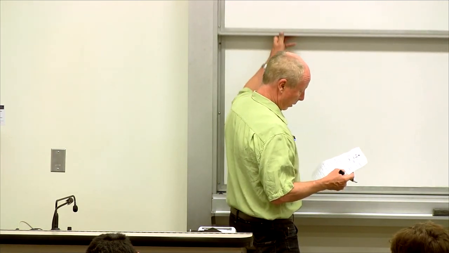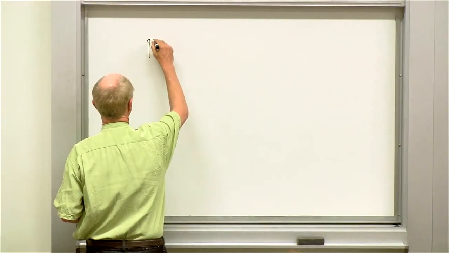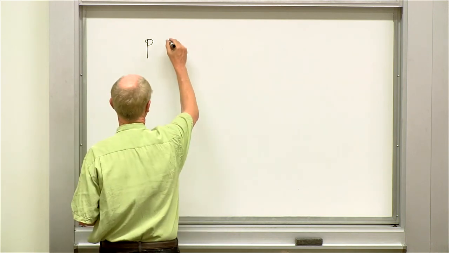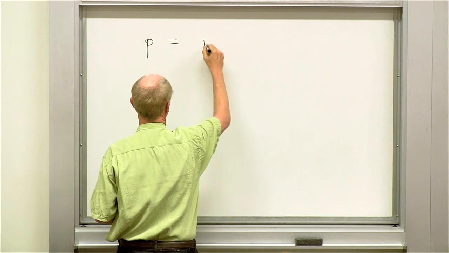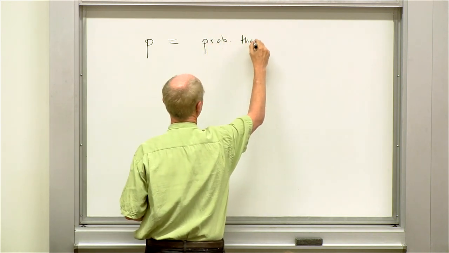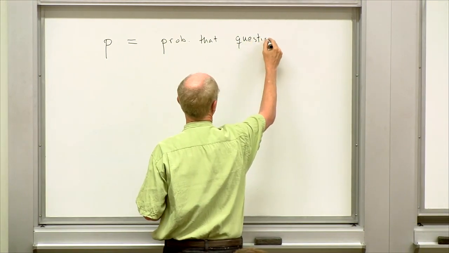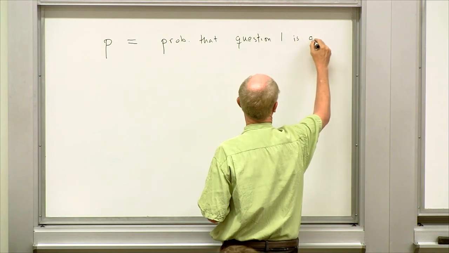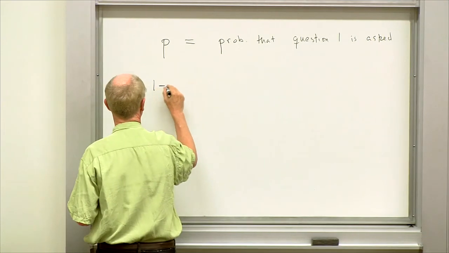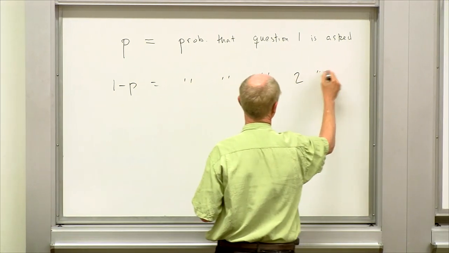So something like a coin is tossed. P is the probability that question one is asked. And of course, 1 minus P would then be the probability that question 2 is asked.